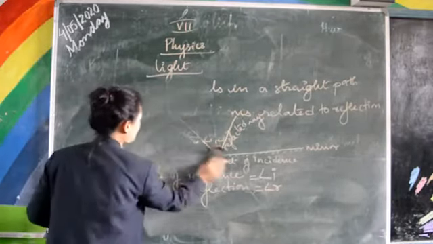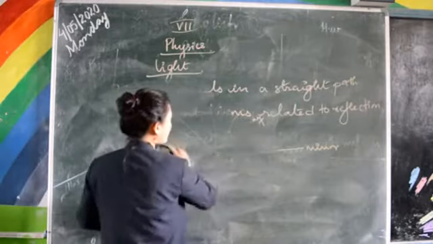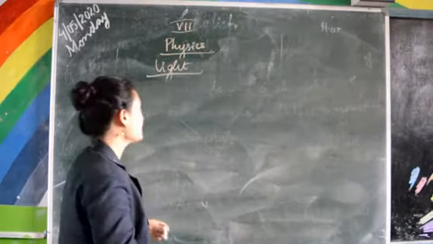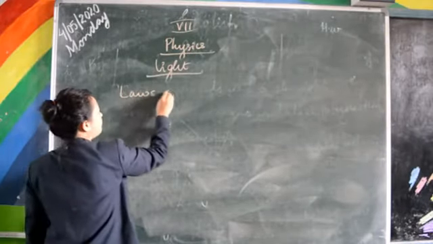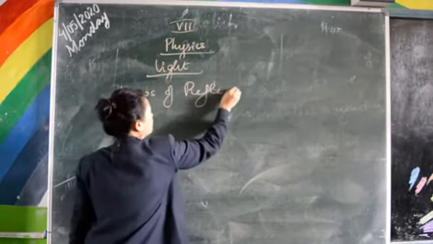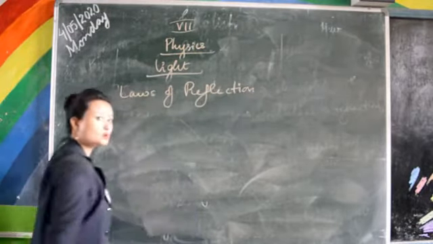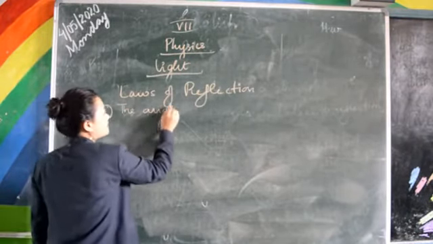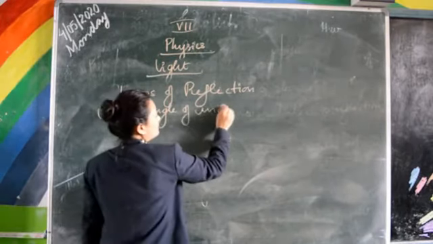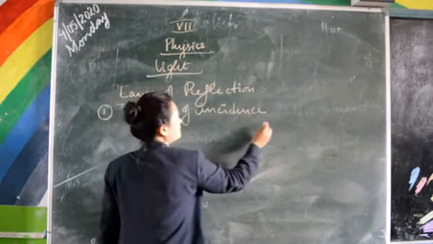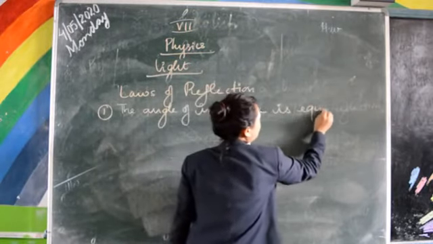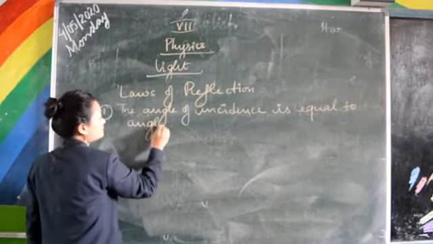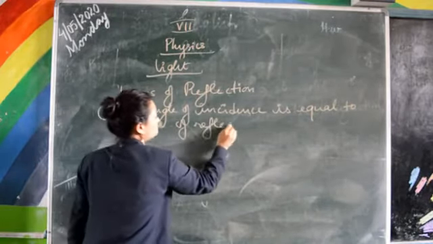Now, you know there is a law for reflection. That means there are certain rules for the reflection of light, and those are called laws of reflection. There are two laws of reflection. The first one says the angle of incidence is equal to angle of reflection.